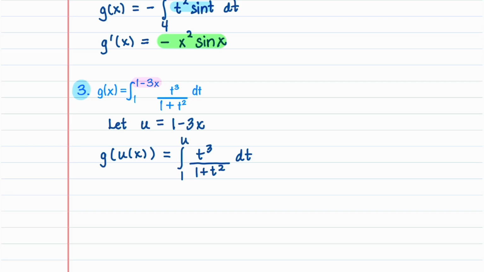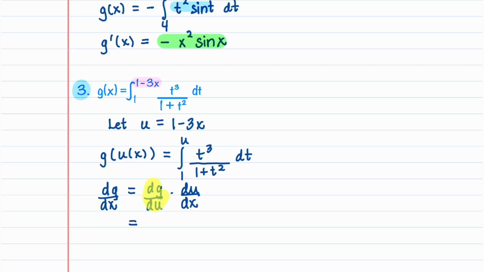That's exactly what we're going to use to find the derivative. The chain rule tells us that dg dx, when g is a function of u, which is a function of x, is equal to dg du times du dx.